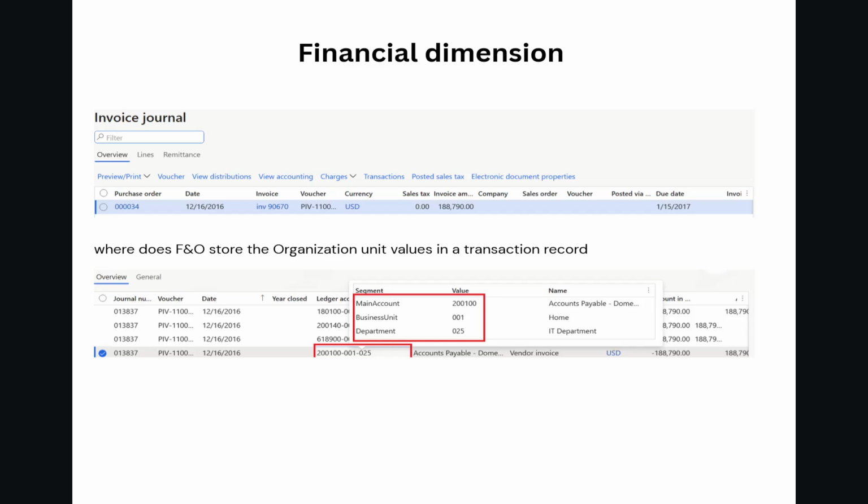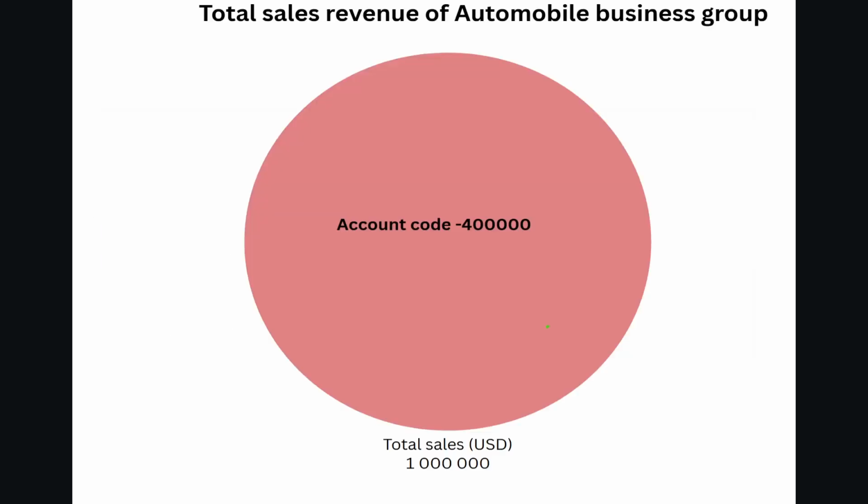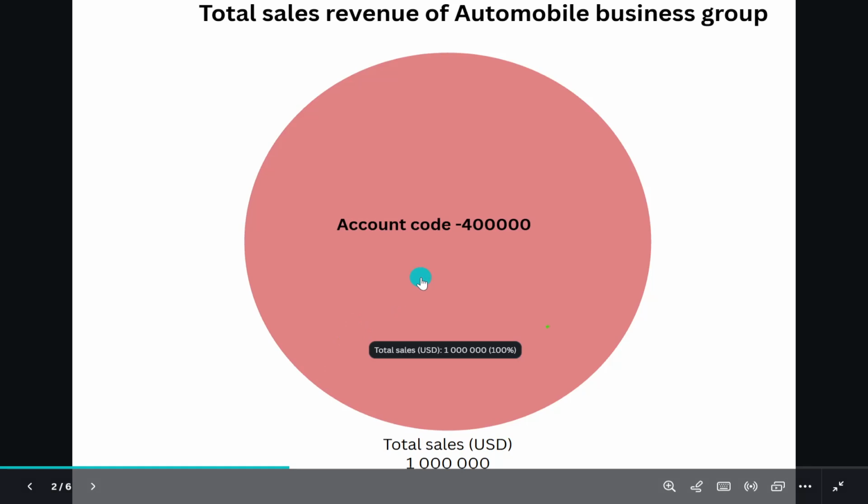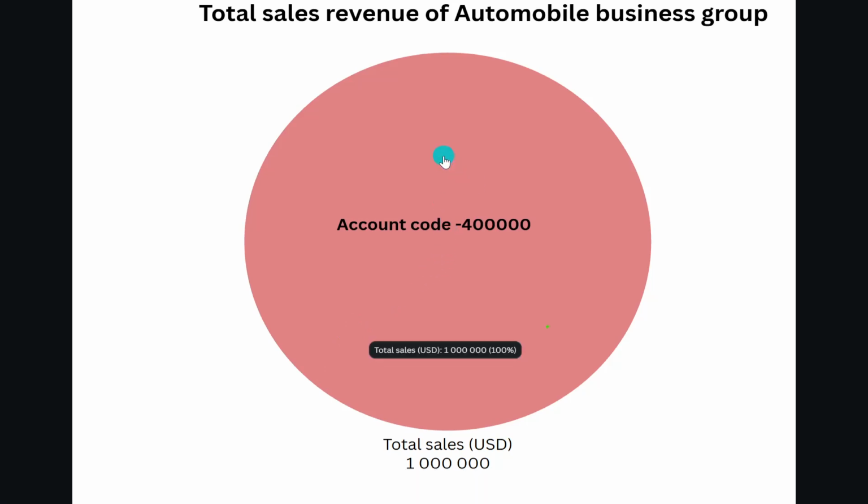With that, let me take the same use case, automobile business group. Like you see here, I have booked my transactions and I'm summing up the sales revenue for X month in US dollars.